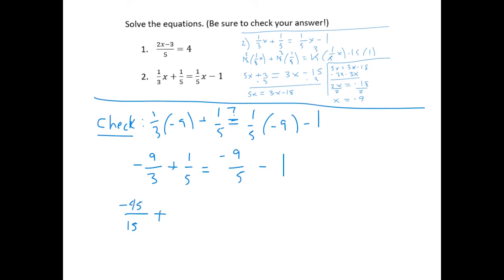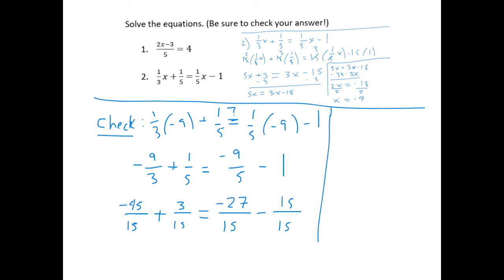For the next term, the 1/5, multiply the bottom by 3 to get 15, and the top by 3 to get 3. And the negative 9/5, multiply the bottom by 3 to get 15, and the top by 3 to get negative 27. Minus, so 1 is 1 over 1. Multiply the bottom by 15 to get 15, and the top by 15 to get 15.